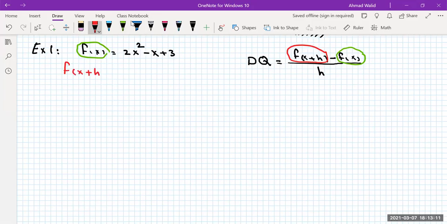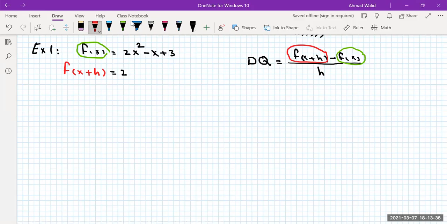We already did one example like this when I explained to you how to evaluate a function, correct? F of x plus h means on the right side, wherever you have x, you have to replace it with what? With x plus h.